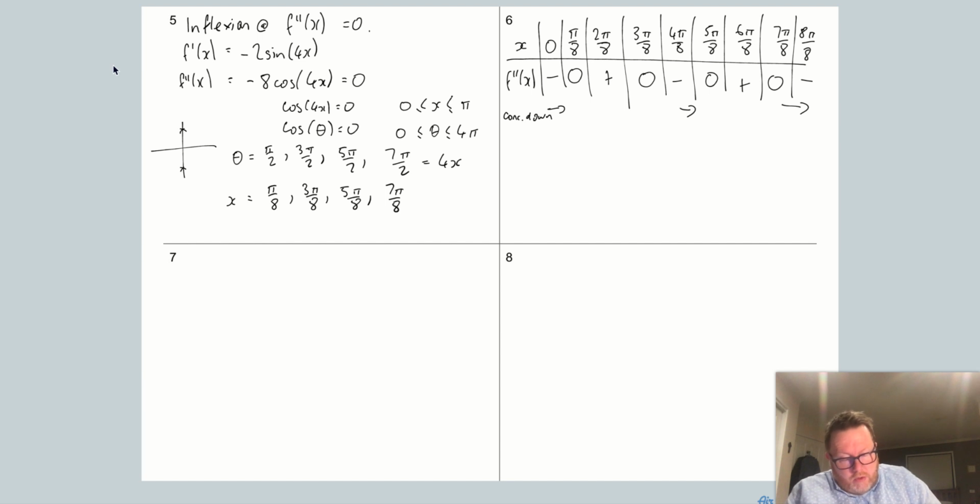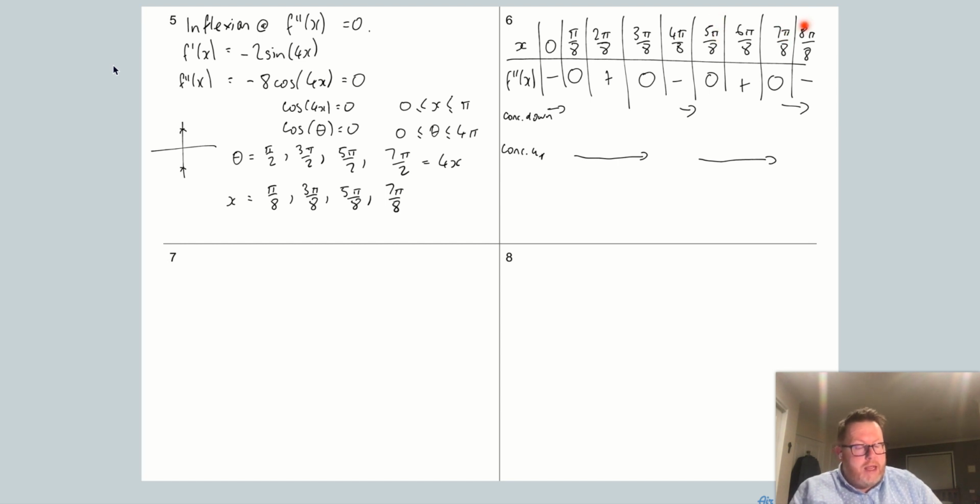And so for concave up, between the zeros there's a positive there, and between the zeros it's positive there. So that gives us our concave ups. And so we would say between 0 and pi on 8, it's concave down. Between 4 pi on 8, which is pi on 2, and 5 pi on 8, it's concave down.